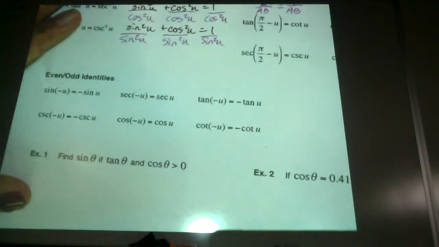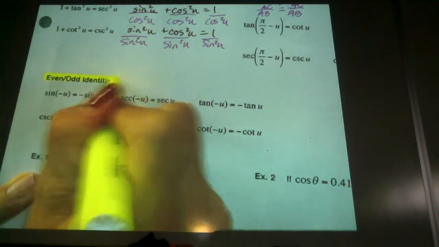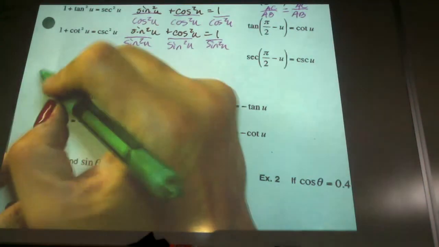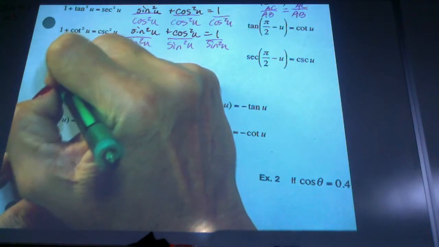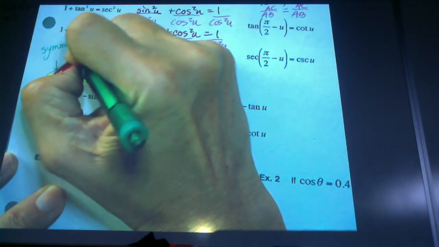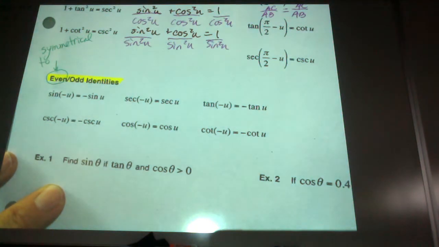Then the last one here that's, again, sort of brand new to you, will be even and odd identities. Well, we've talked about even and odd functions. Do you remember what an even function graph is symmetrical to, versus odd?